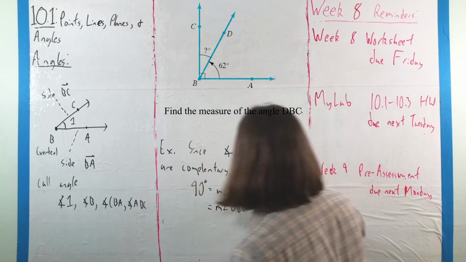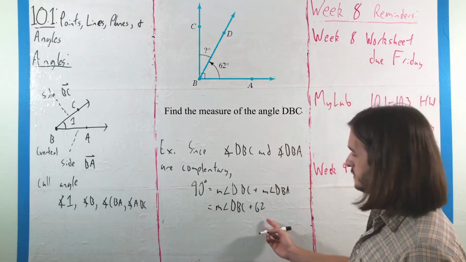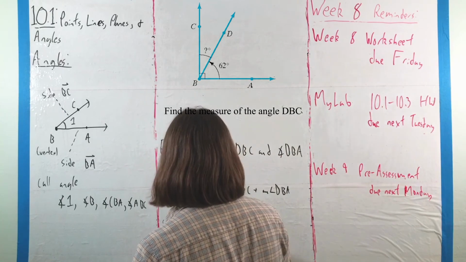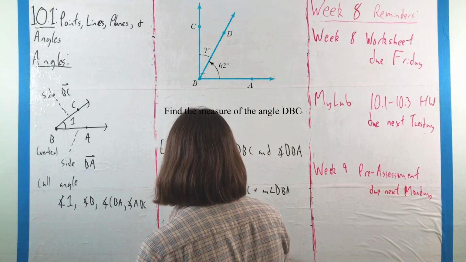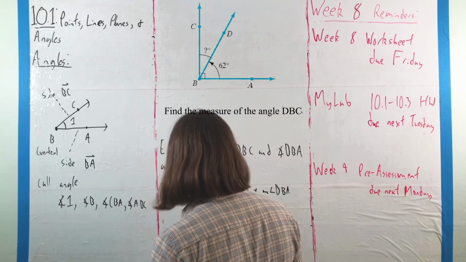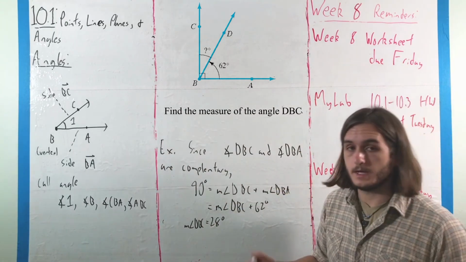But remember, this is a given value 62. So all we can do is subtract this over, and we will get that our desired angle, that is the measure of DBC, ends up being 28 degrees. I should be careful with that notation there as well.